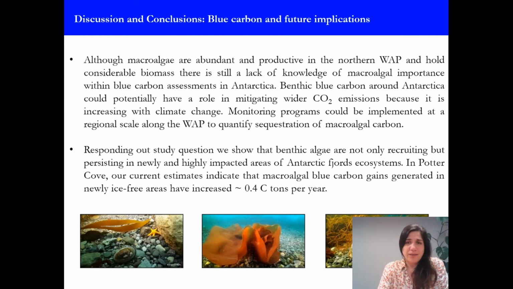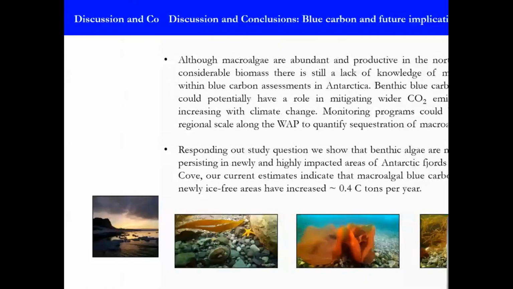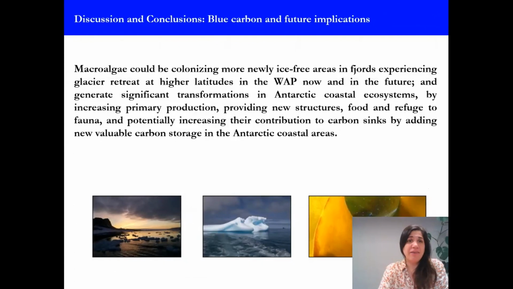Answering the question we asked at the beginning, we know that macroalgae are colonizing and also persisting in these newly ice-free areas. And finally, these macroalgae could be colonizing now and in the future and in higher latitudes.